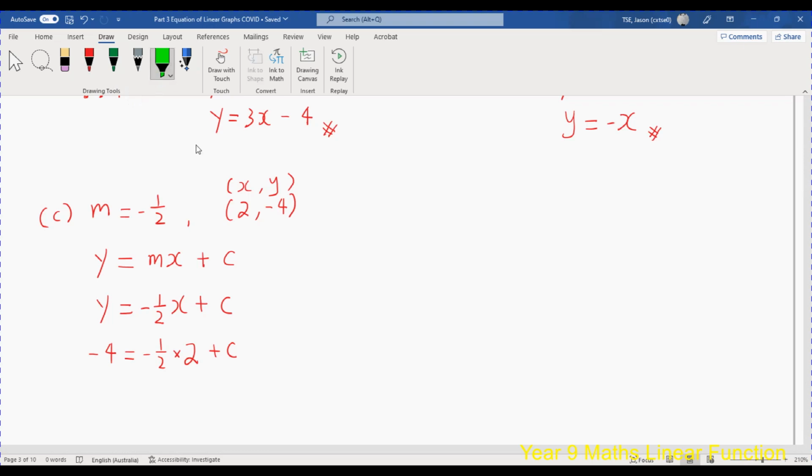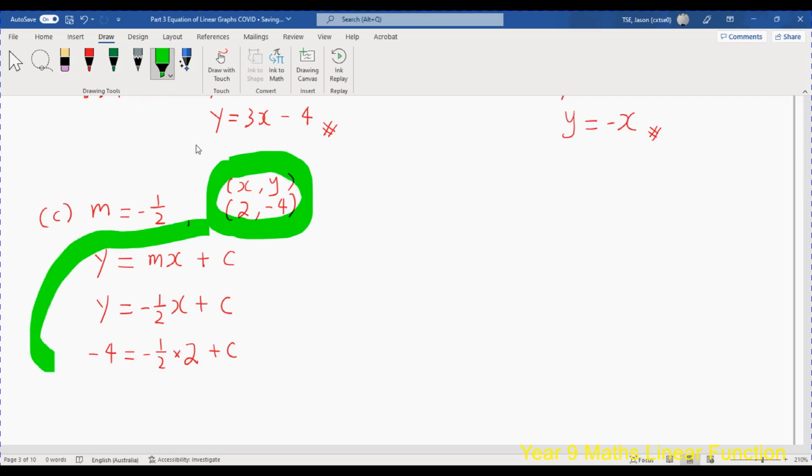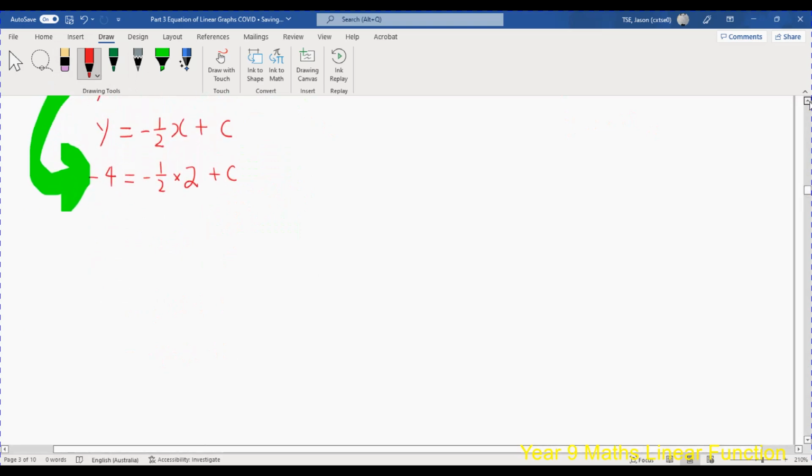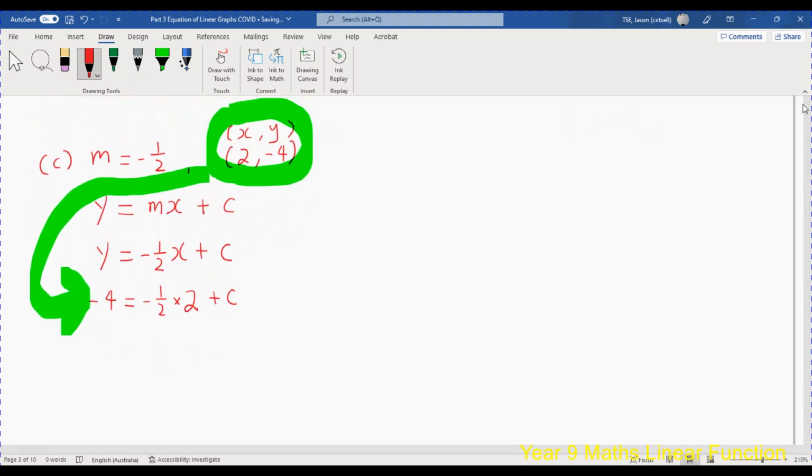This step is so important. Okay, what I'm going to do next, remember we really need c to be found.